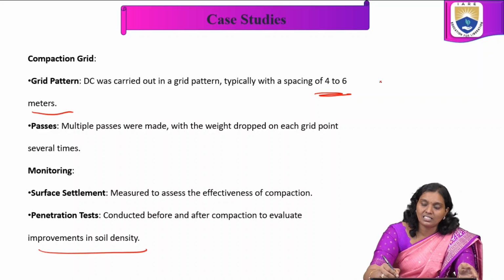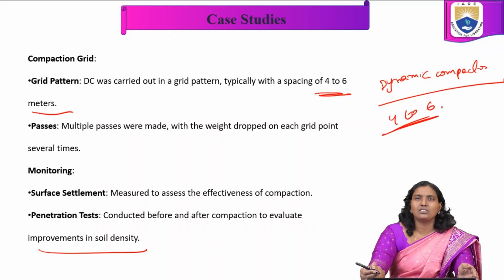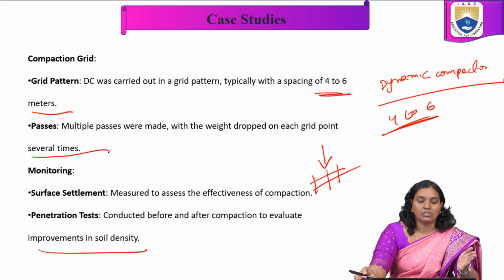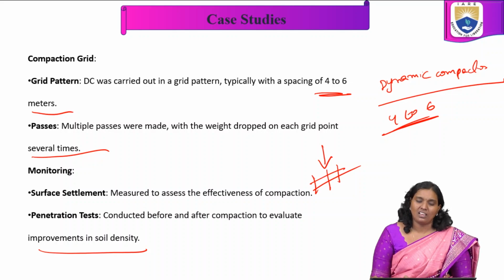So here in this dynamic compaction, for the grid pattern, the spacing varies between 4 to 6 meters, and multiple passes are made, because how much weight we drop from each grid point and how many times also plays a role. The surface settlement monitoring, that uniformity, gives better results.